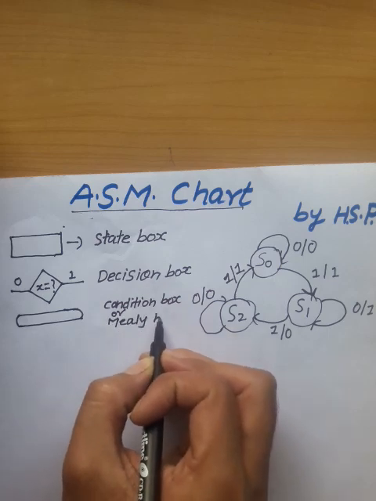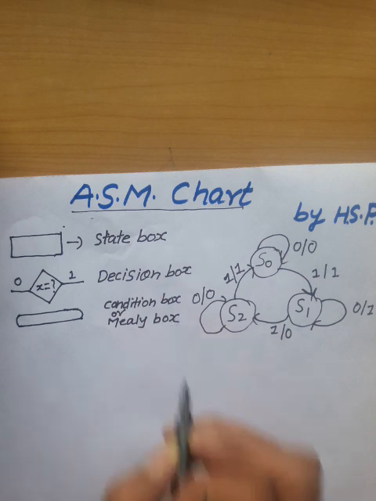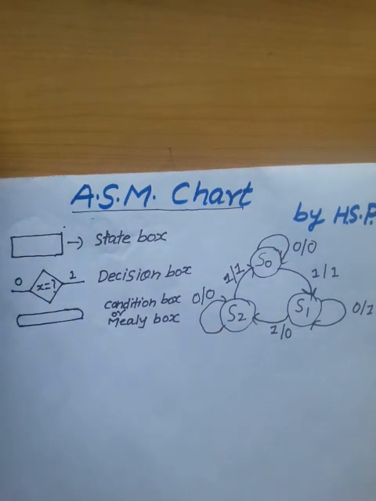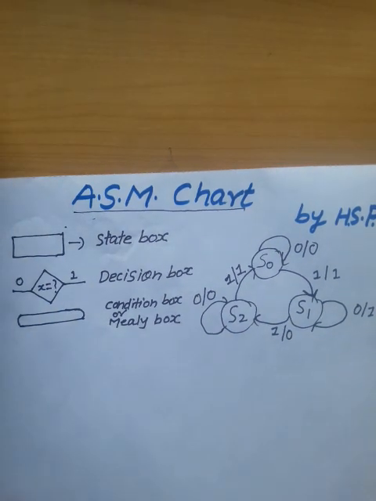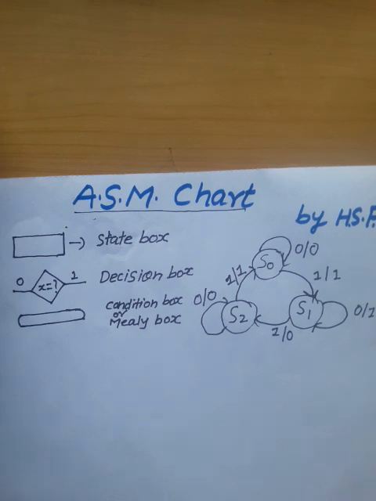You are already aware with Mealy machine and Moore machine. In Moore machine, output depends upon only present state, not input X. But in Mealy machine, output depends upon present state as well as input X. Whenever input is changing, output will also change in case of Mealy machine.